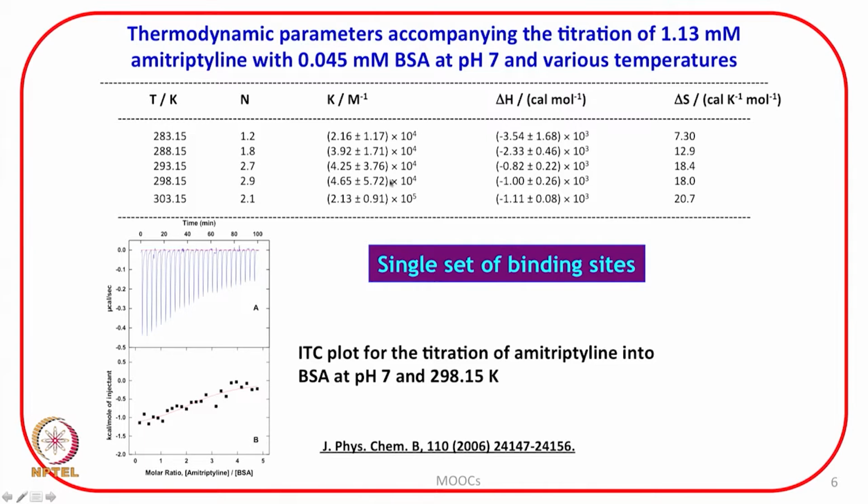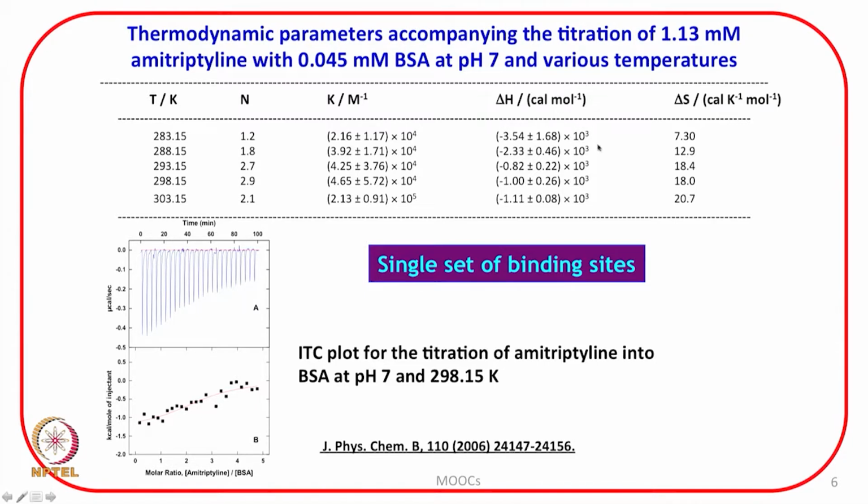And then if you look at the values reported in the table, the K values are of the order of 10 raised to the power 4. In case of naproxen, we observed the K values of the order of 10 raised to the power 7, and the binding profile was very cooperative. Here it is not that cooperative, and the binding affinity is of the order of 10 raised to the power 4.